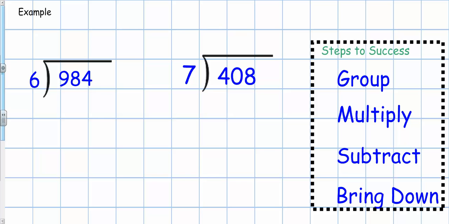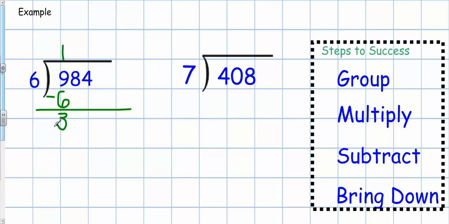Well, I can fit one group of 6 into 9. Next I'm going to multiply 6 times 1, which is 6. So I'm going to subtract 6 from 9. 9 minus 6 is 3.